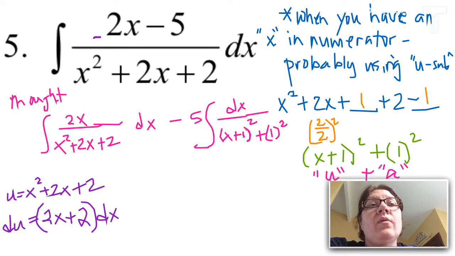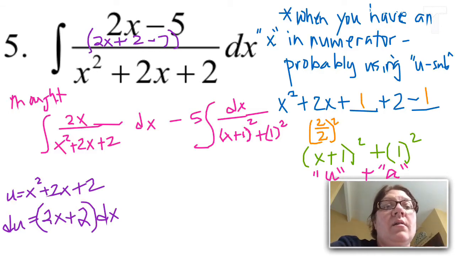And so let me offer this suggestion. What if I had rewritten this as this quantity? Do I still have 2x minus 5?